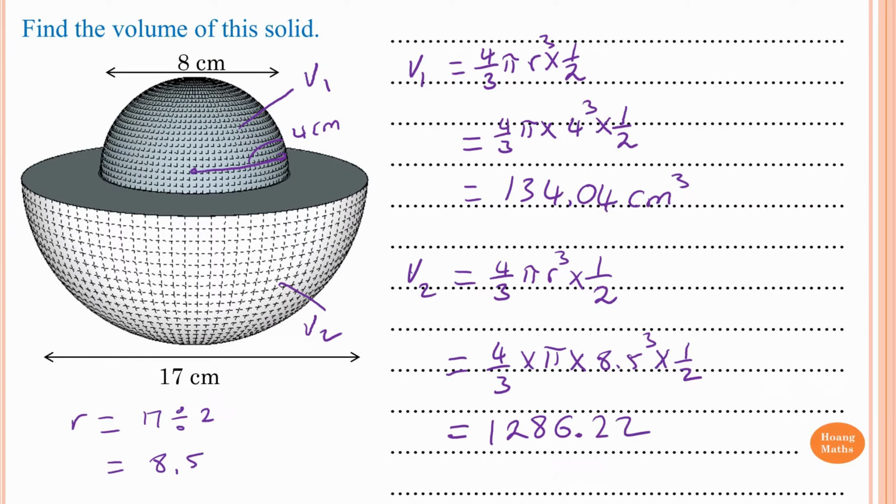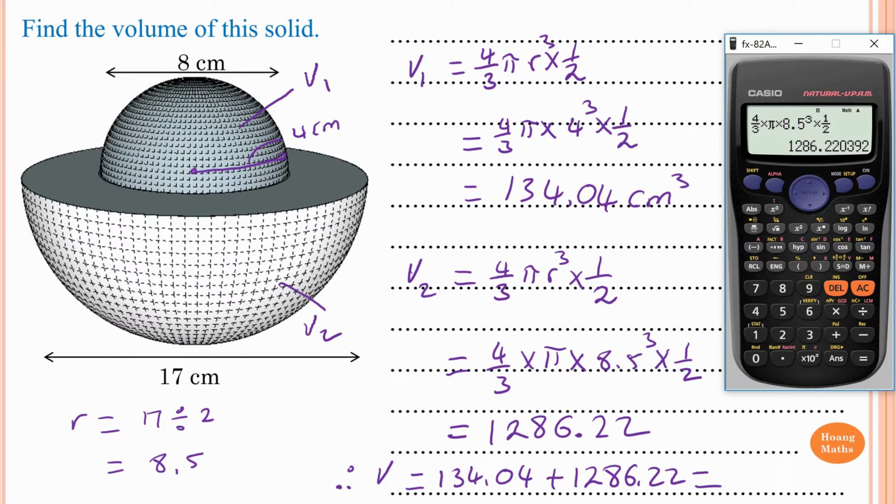So now therefore volume is equal to 134.04. I just round off to 2 decimal places because the question didn't specify how many decimal places, so I can just write 2 or 1 or 3, doesn't matter. So I just write in 2, so which is at 1286.22, which equals to, so now I just bring the calculator up.